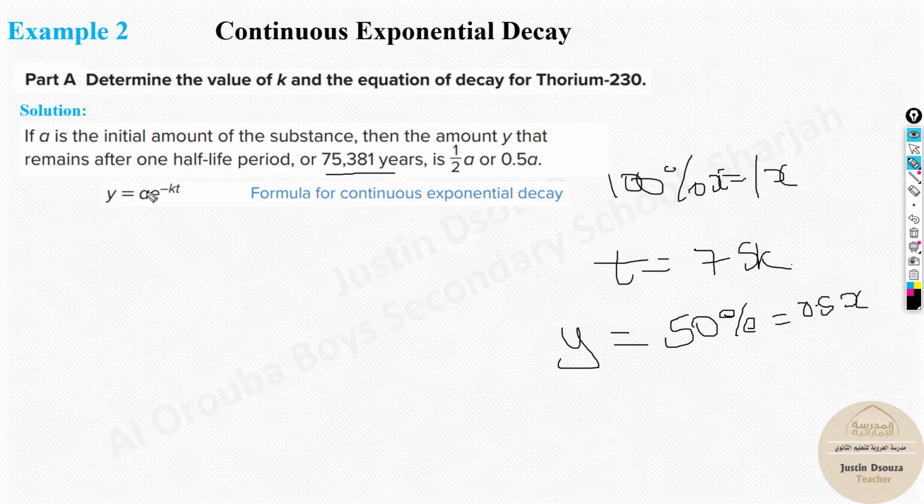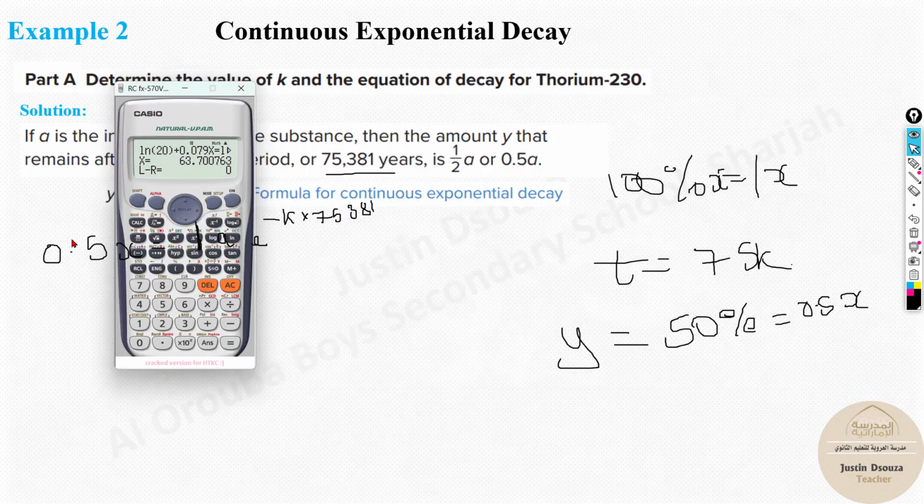The initial value is A, you can just mention it as A, X, anything. It's just a variable, okay? Now here, Y you can write as 0.5 thorium. That's why I'm just writing X or A, anything is fine. Now this is equal to 1A, you can write just A, times e to the power minus K, which is unknown, times the time, 75,381.